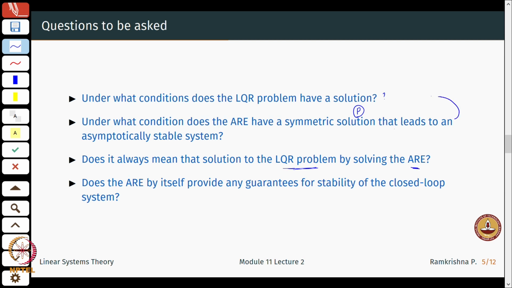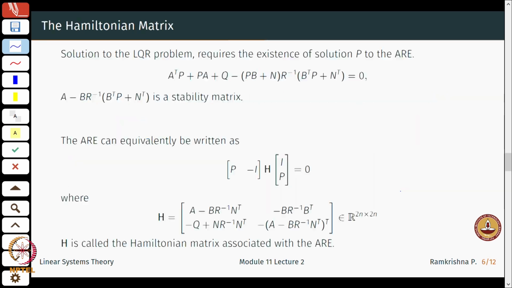So if I can find a P, does it also mean that I have solved the LQR problem? Okay. And lastly, a question that we will also ask is, does the Riccati equation by itself provide any guarantees for the closed loop system? Okay. So these are the questions that we will try to answer.